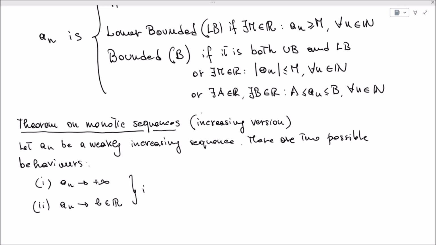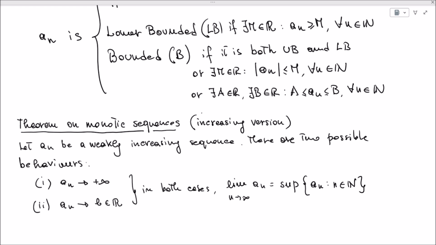And in both cases, the limit of an for n that goes to infinity is equal to the supremum of an for all possible n.